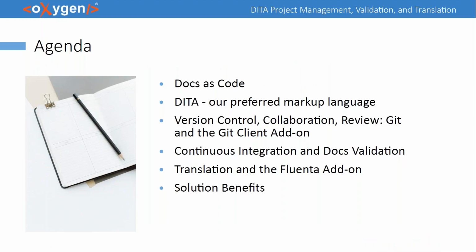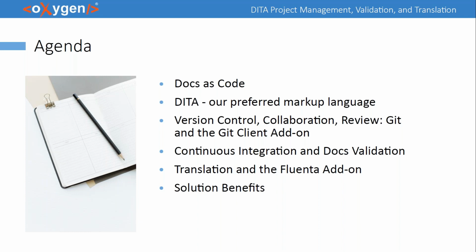So today we're going to talk about Docs as Code, and I'm going to mention several benefits of adopting such a philosophy in your company or in your team. I'm going to say a few words about DITA. Then I'm going to talk about version control, collaboration, review, using Git and using our Git client in Oxygen.